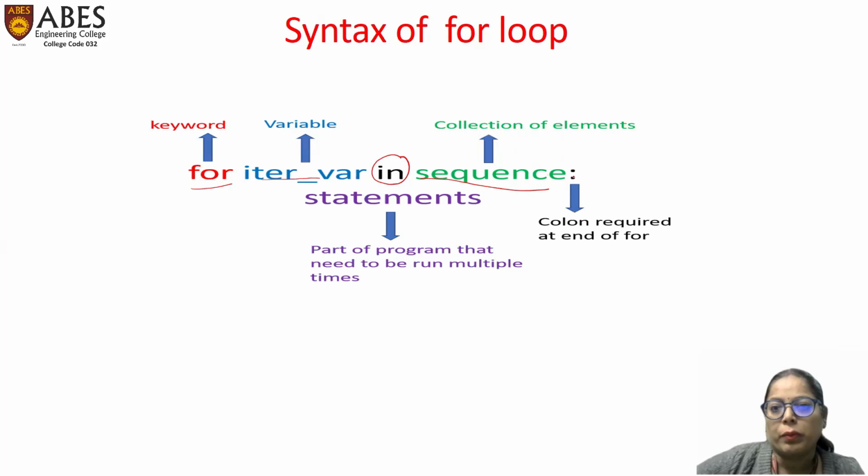Then you write the statements, that is, the part of the program that needs to be run multiple times. So first you write the for keyword, then the iterative variable, the variable which will iterate. We will see this with an example also. And then you will write in.